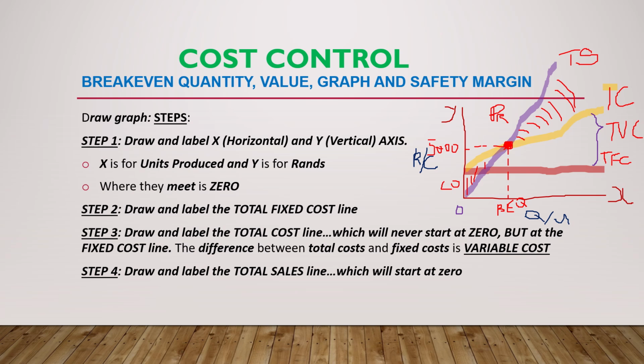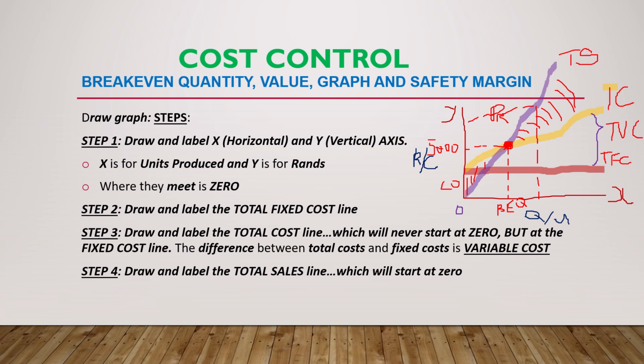Let's say this break-even quantity is 20,000 units, and then we sell, say, 21,000 units. Let's say here, 21,000 units we sell, and then because we have sold that, we receive how much money in sales?